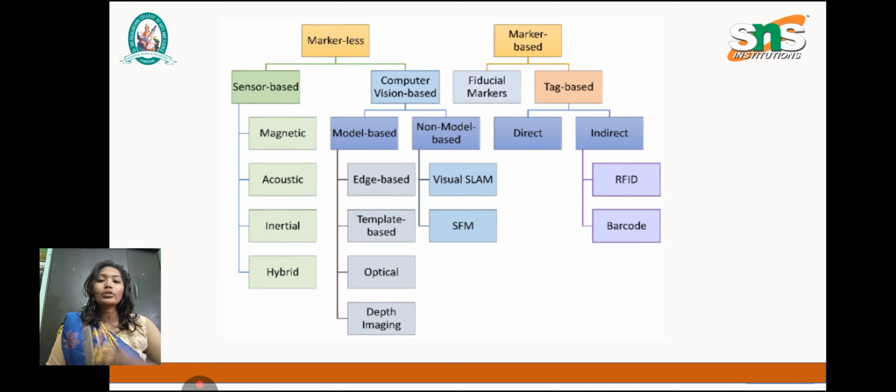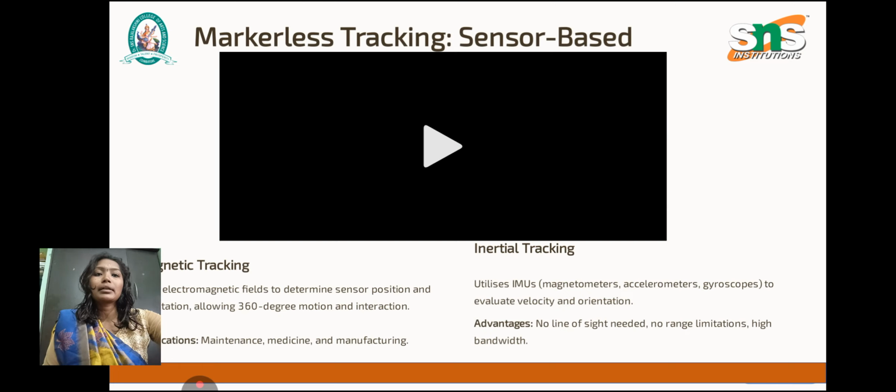I am going to show an example for markerless tracking. So this is markerless tracking.